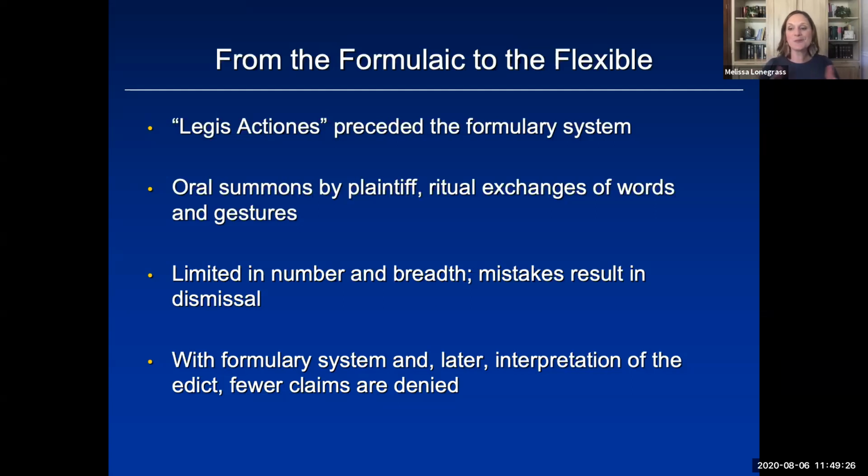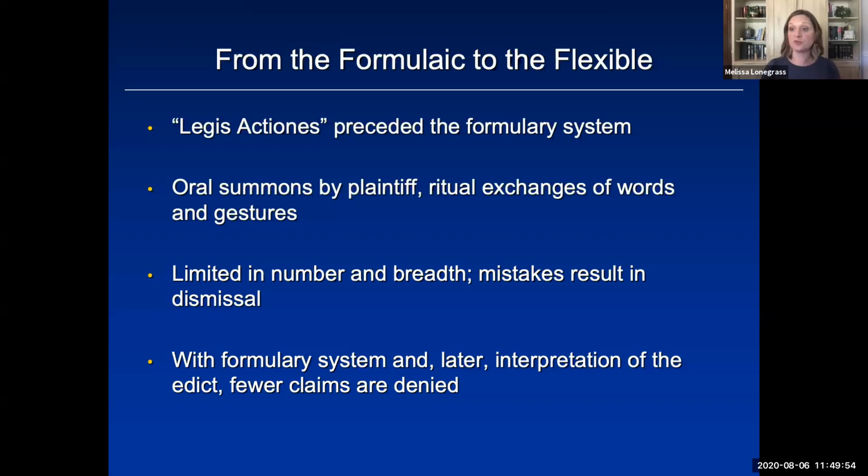Now, there was a limited number of actions under this system. And so only under very few circumstances could an aggrieved litigant get relief. And again, of course, the litigant had to do everything just right to be heard in court. To remedy these deficiencies, the praetors introduced the formulary system, which, as we've just seen, allowed a litigant to just come in and tell his story to the court.